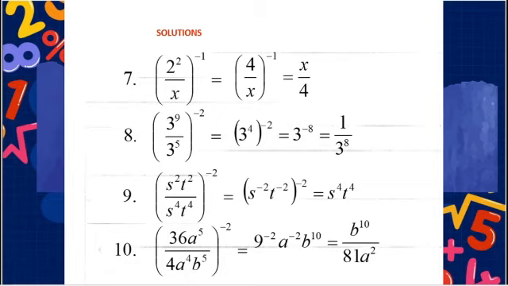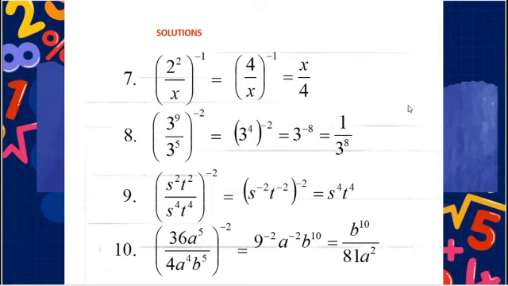So, that is 1. Eh, may negative 2 pa doon. So, negative 2. Diretso na, no? Tapos, yung b to the 5th times negative 2 is negative 10. Tapos, inakyat. Nandito na siya. So, naging b to the 10th power. So, magiging 9 raised to negative 2, a raised to negative 2, and b to the 10th power.